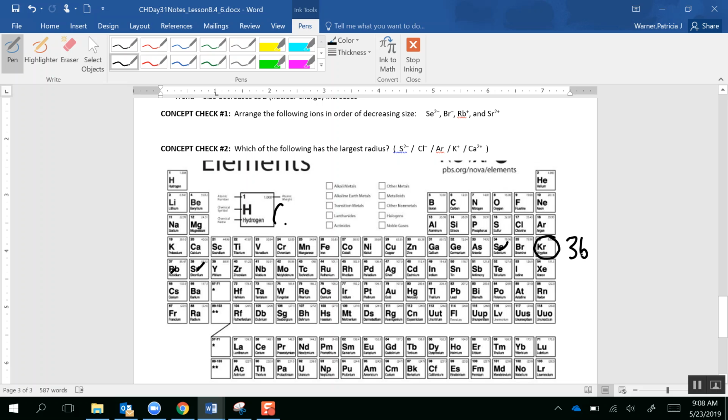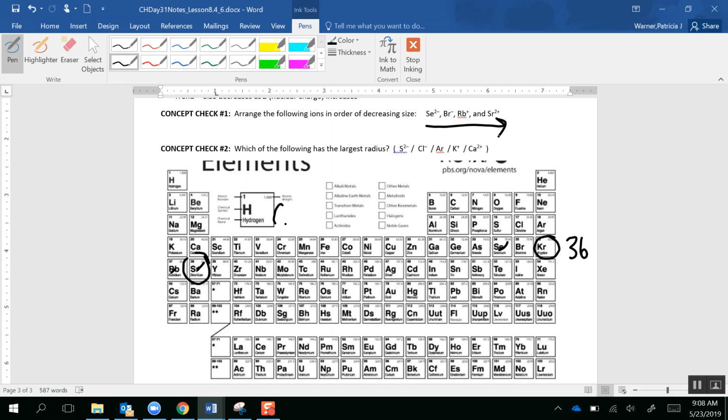That means the one with the highest nuclear charge, which is going to be strontium, is going to be the smallest. So we're going to start with selenium. These are already actually in order of decreasing size because selenium has 36 electrons being pulled in by 34 protons. Bromine's 35 protons are trying to pull in 36 electrons, and so on.